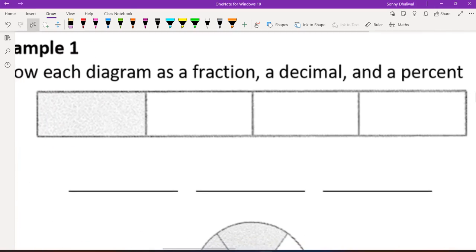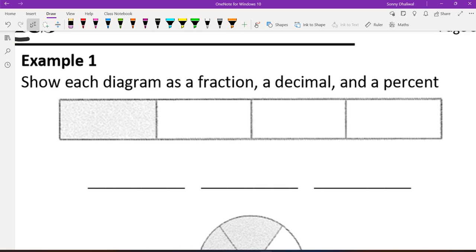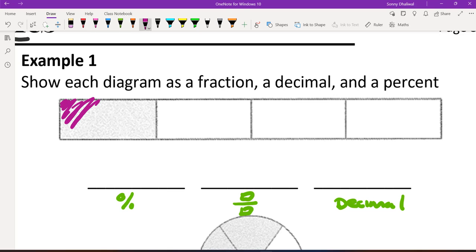Let's write this diagram in the 3 different formats. The 3 different formats are a percentage, a fraction, and a decimal. I'm not sure how well the photocopying came out on yours. There's only one shaded in here. What would this look like in any one of these?